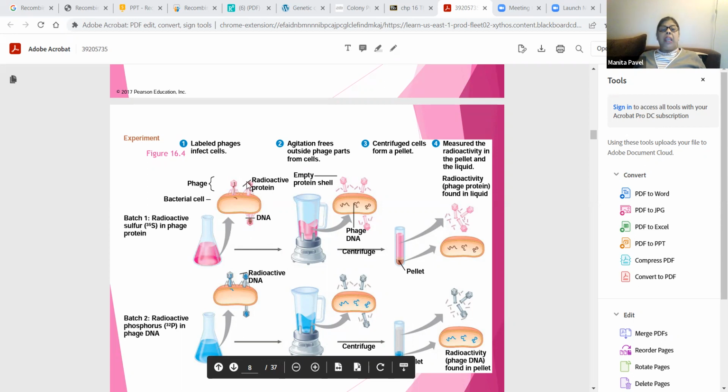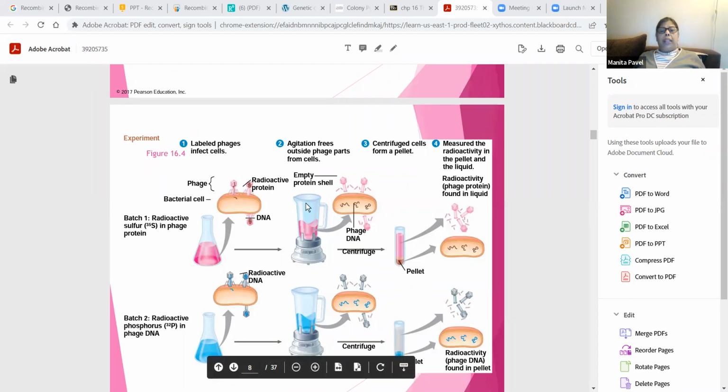And here we see that the phage particle, when it infected the bacterial cell, had the radioactive protein.